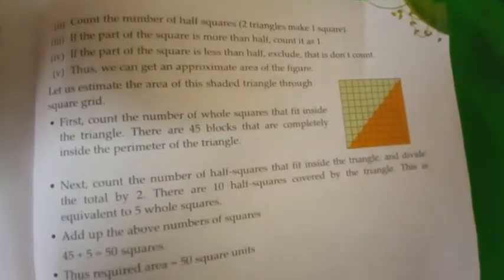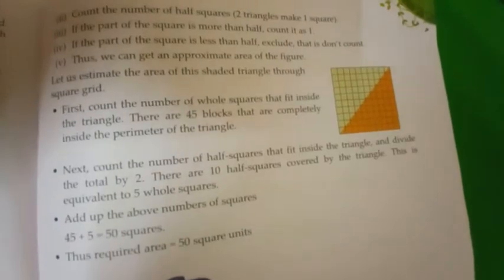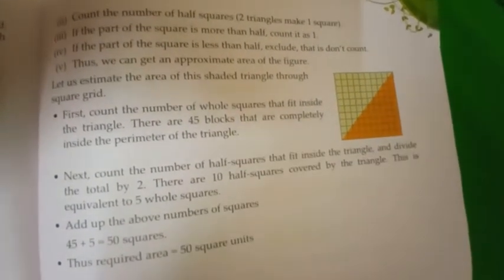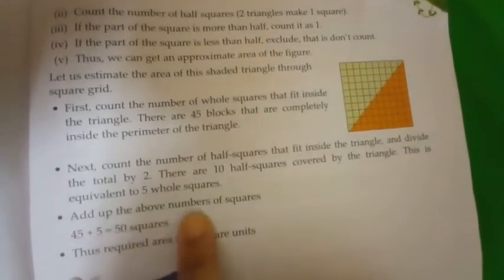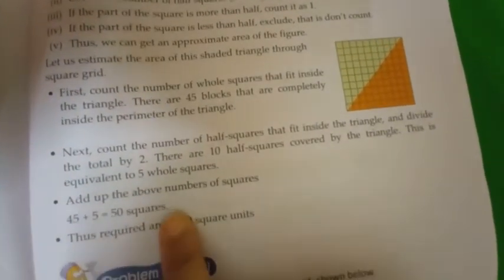Now add up the above numbers of squares. You have to count the total full squares and half squares at the end. So 45 plus 5 will be 50 squares. Thus the required area.